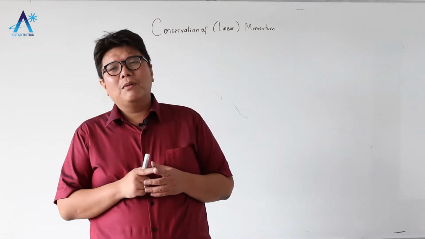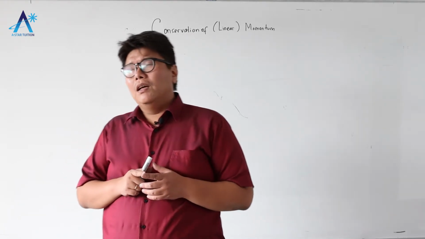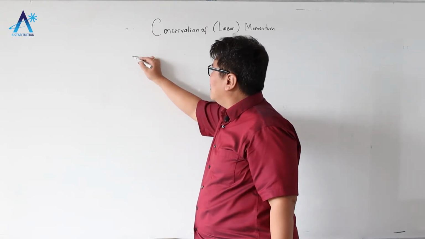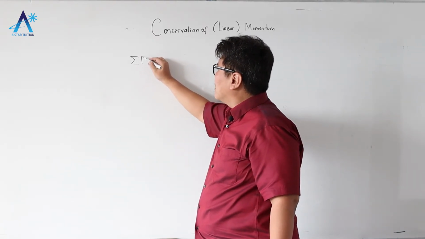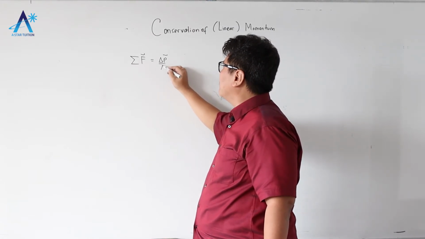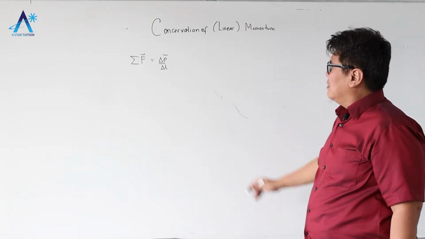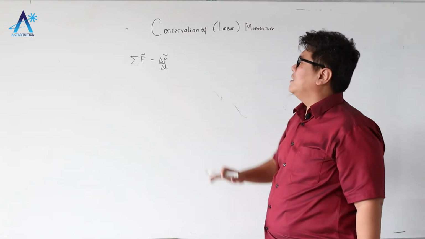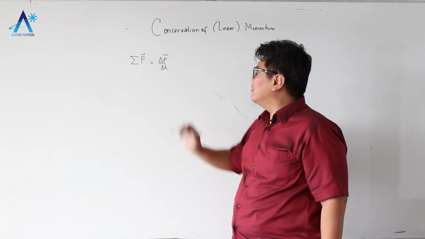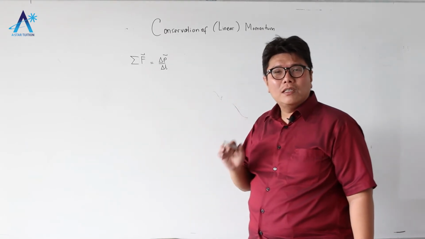Next, we'll discuss the idea of conservation of momentum. Remember that earlier I wrote resultant force equals rate of change of momentum. So whenever momentum changes, there's a force associated with that change in momentum. But what if the resultant force is 0?